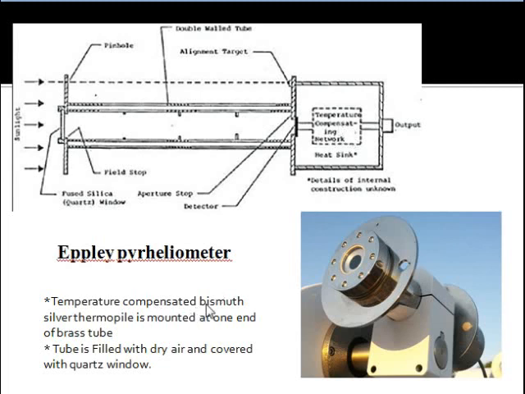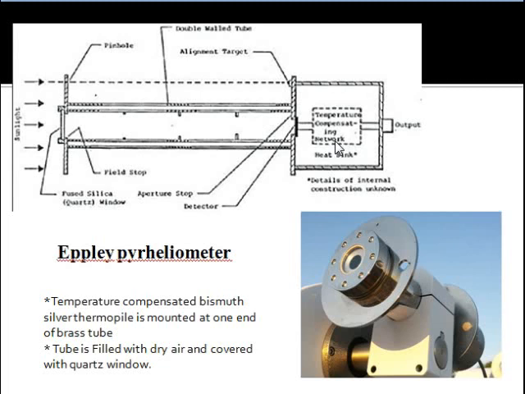And this bismuth silver thermopile is just thermocouple junctions arranged in series, so that there will be a better voltage output in the measuring system in the network. So there will be a number of thermocouples connected in series, so that we can get a better voltage output.